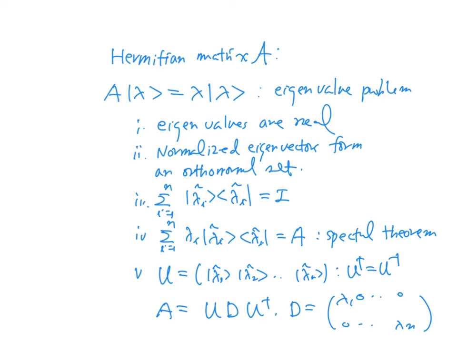You can also form a new matrix with normalized eigenvectors, and this is a unitary matrix. A can also be written as U D U dagger, where D is the diagonal matrix composed of eigenvalues. So a Hermitian matrix has very nice properties, and you can define any function of a Hermitian matrix. But the question is, is there any similar expansion for a non-Hermitian matrix?